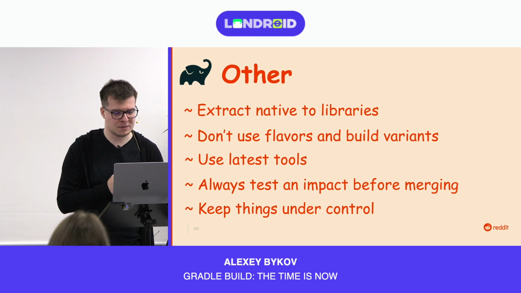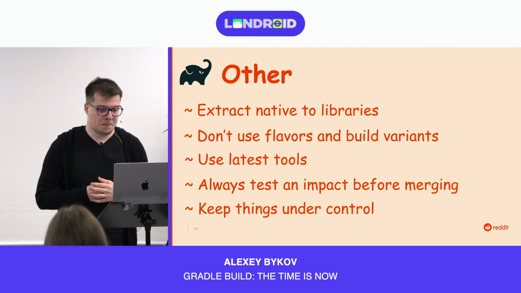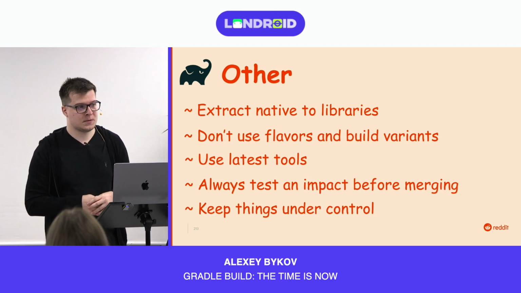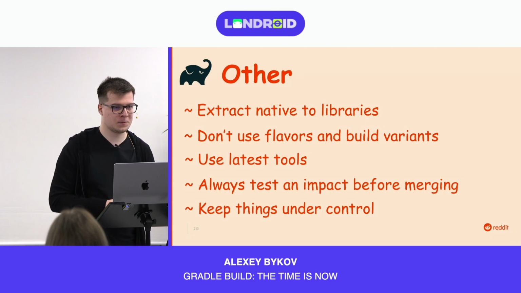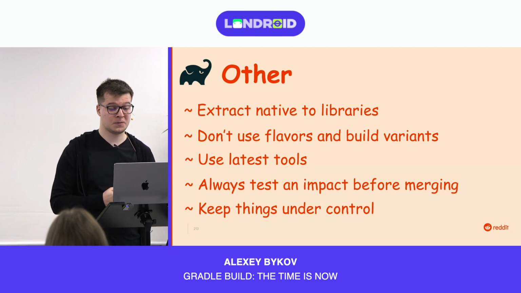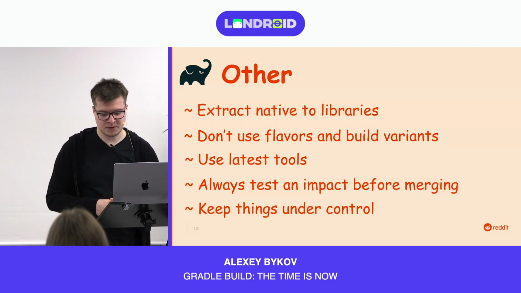Always use the latest tools, but with some concern. If you're ever going to update something like Dagger, Kotlin, Gradle, or the Android Gradle plugin, always measure the impact first. There are a lot of cases, for instance with Kotlin 1.5, as far as I remember, when a lot of caches were broken.